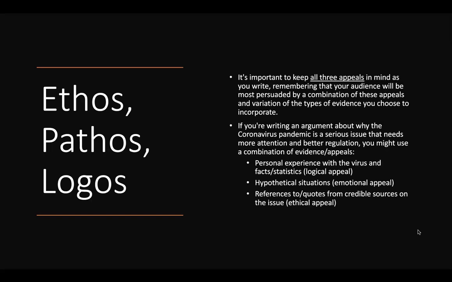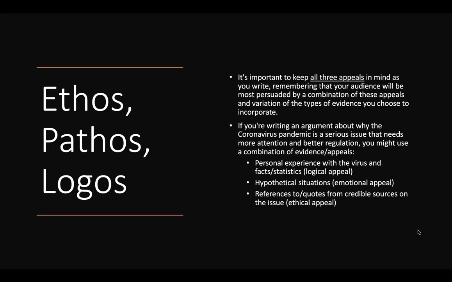No argumentative essay will use just one of the three appeals. All three appeals need to be kept in your wheelhouse as you're writing, because your audience will be most persuaded by a combination of these three appeals and variation of the types of evidence you choose to incorporate. So think about all three appeals and vary the types of evidence you choose to incorporate.